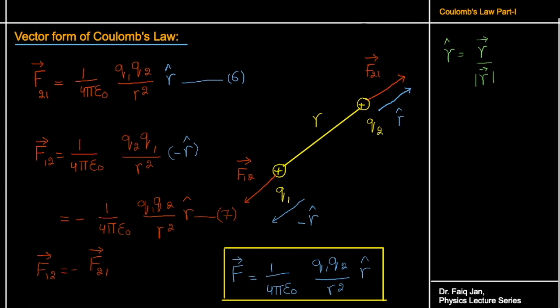So this represents the position vector, which in 3 dimensions can be written as a i hat plus b j hat plus c k hat, and its magnitude can be written as a squared plus b squared plus c squared under the square root.